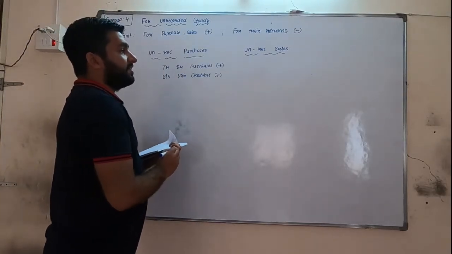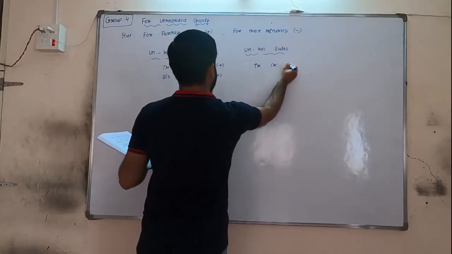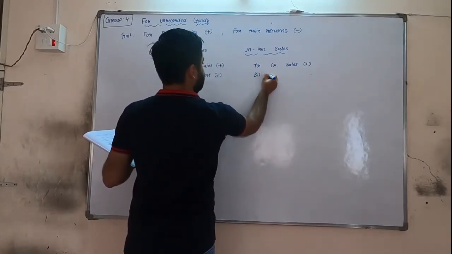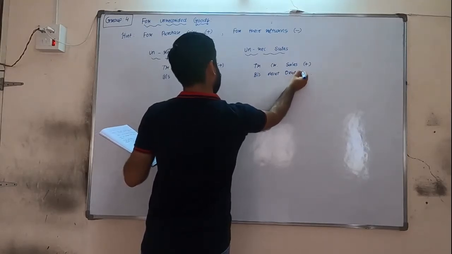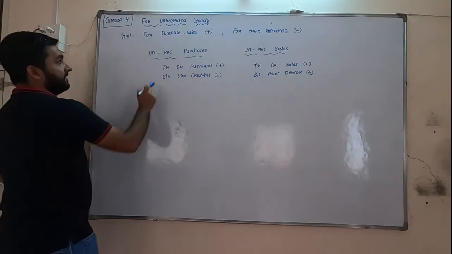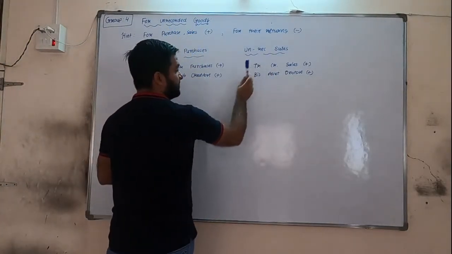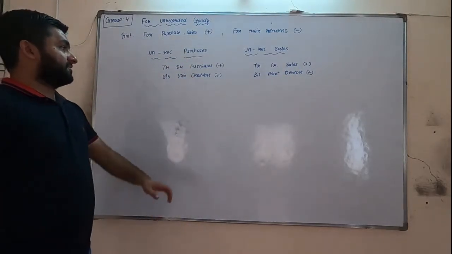In the same way, unrecorded sales: sales are shown on the trading account credit side, sales plus, and on the balance sheet asset side, debtors plus. So friends, as I said, for unrecorded purchase and unrecorded sales, both effects will be plus plus.